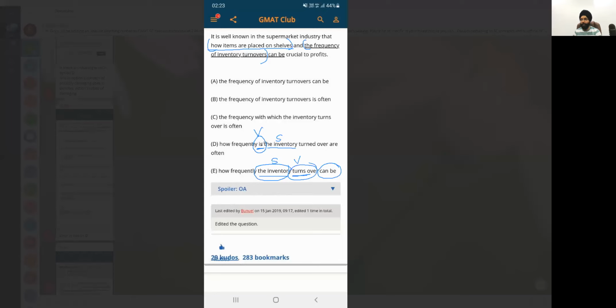So the way to correct it is: how frequently the inventory is turned over. Does this concept make sense?